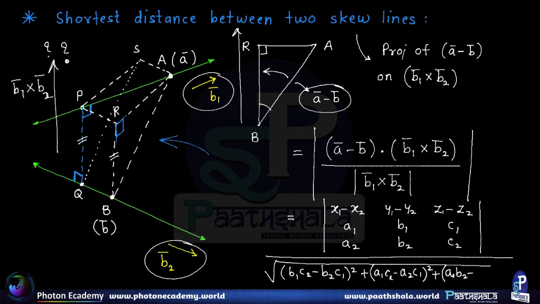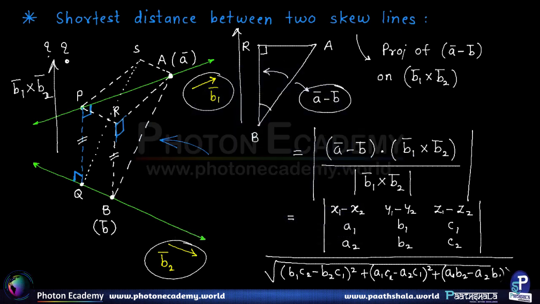So in this way we can calculate the shortest distance between two given lines. So remember, the first form is better because that is shorter to remember, and ultimately when we substitute the values we are going to get the second form anyway on expansion. Yes. Now let us solve one example based on this formula.